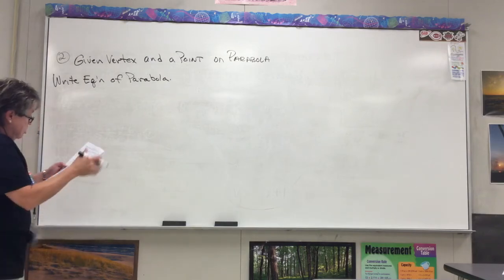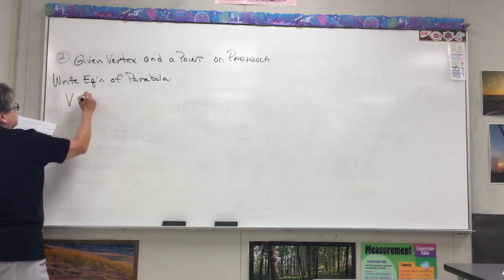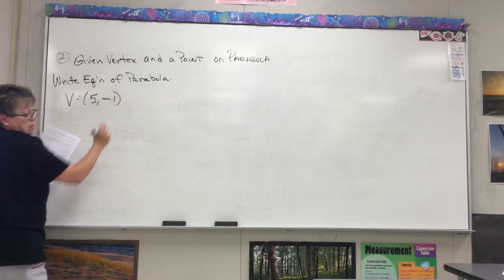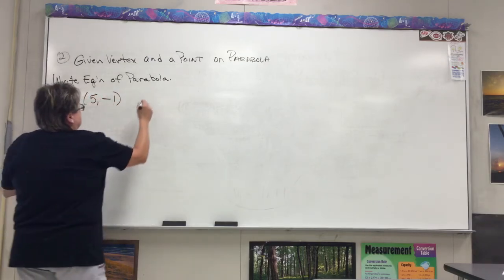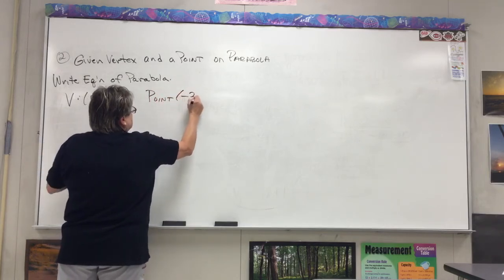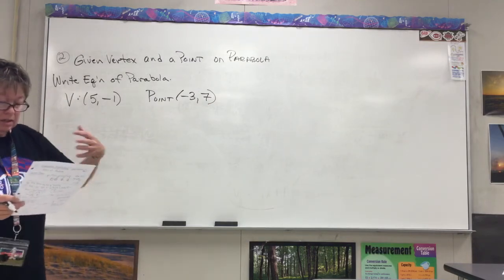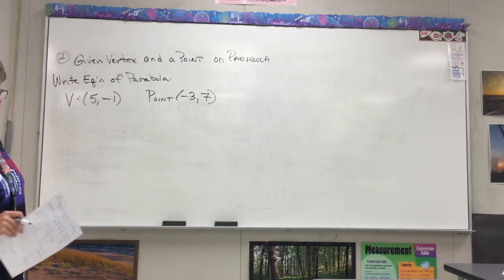So for my example, I'm going to give us a vertex at (5, -1), and our parabola is going to pass through the point (1, -37). So that's like your clues, and you're supposed to come up with this equation.